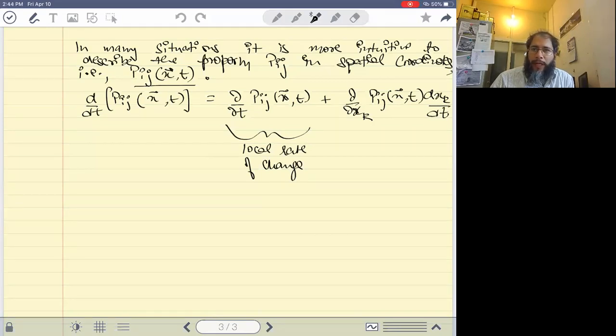Locality refers to staying constrained at point small x. So you're calculating this derivative with respect to time at a particular point in space. And the second term, which involves your dxk by dt, that's nothing but your velocity, is called the convective rate of change.